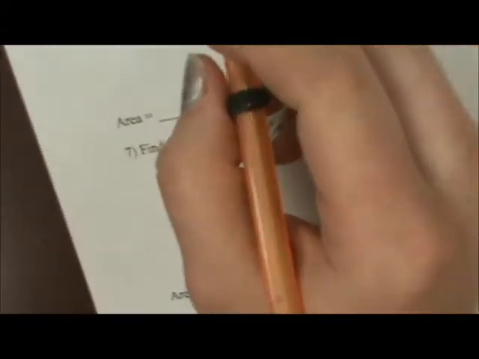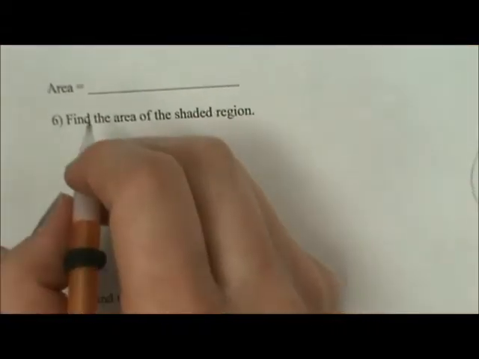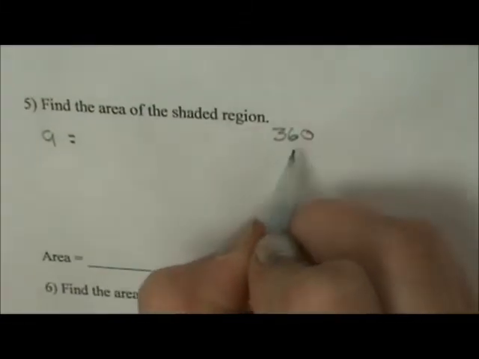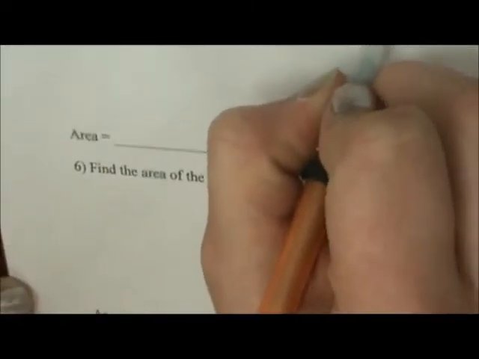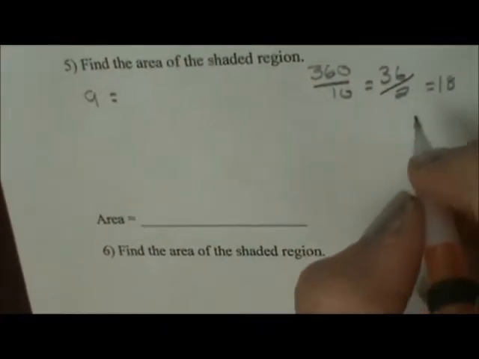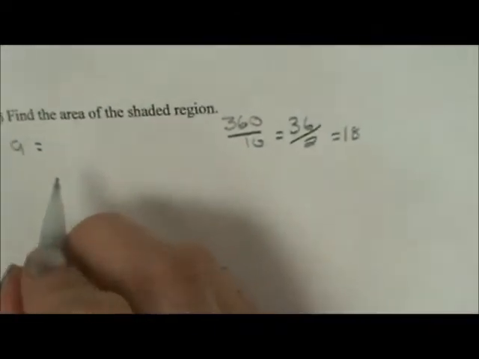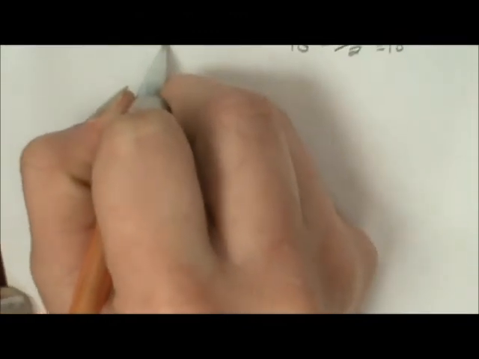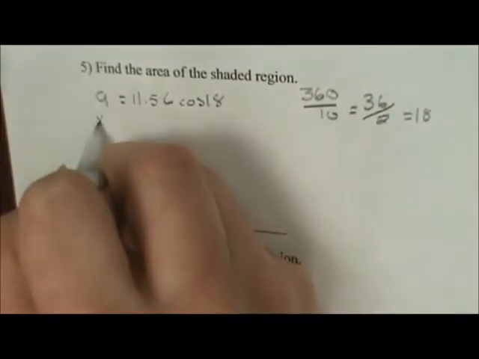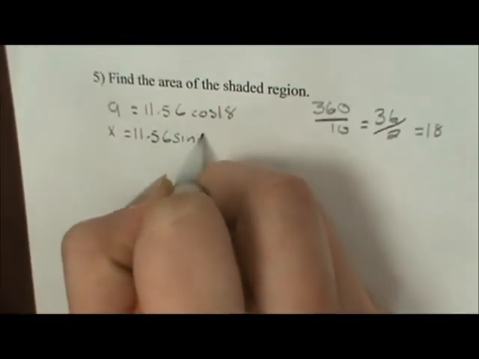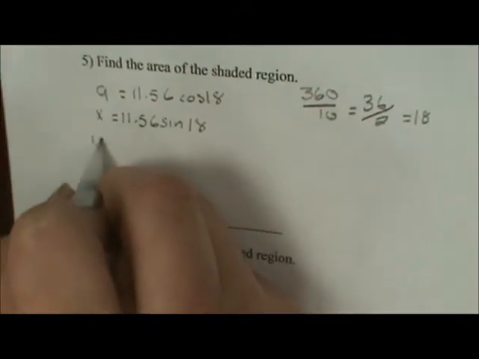And for number 5, find the area of the shaded region. So first we have 360 divided by 10 because that's how many sides there are, and you get 36, and you divide that by 2 and you have 18. So A equals 11.56 cosine 18, and x equals 11.56 sine 18.